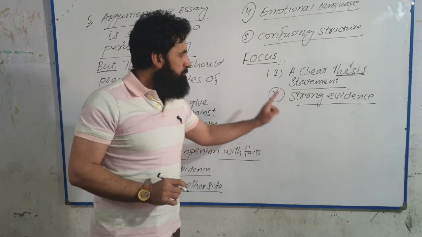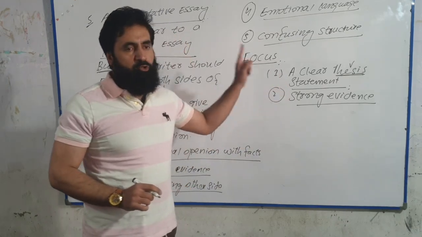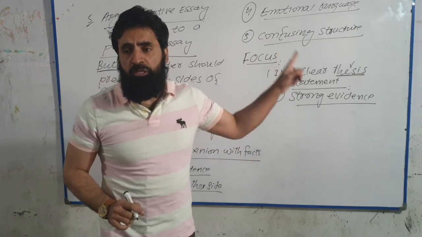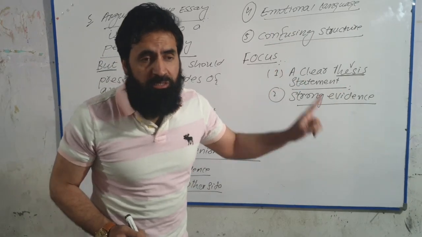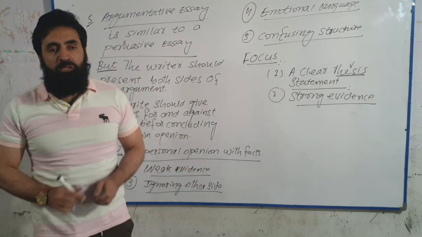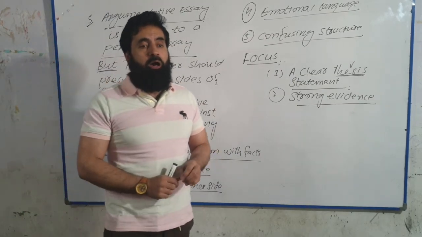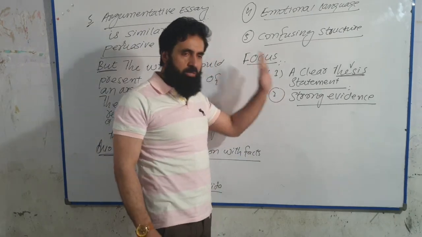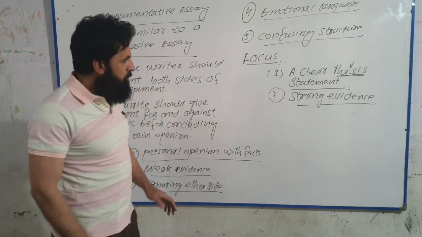To make strong evidence against what? Against the opposing view, the opposing arguments. In this way, the writer will explain that the writer's arguments are much more important than the opposing ones. Do you all understand? What about the third one?